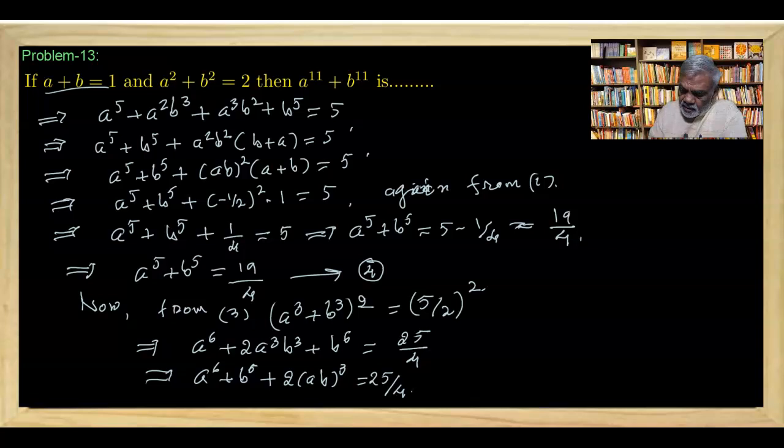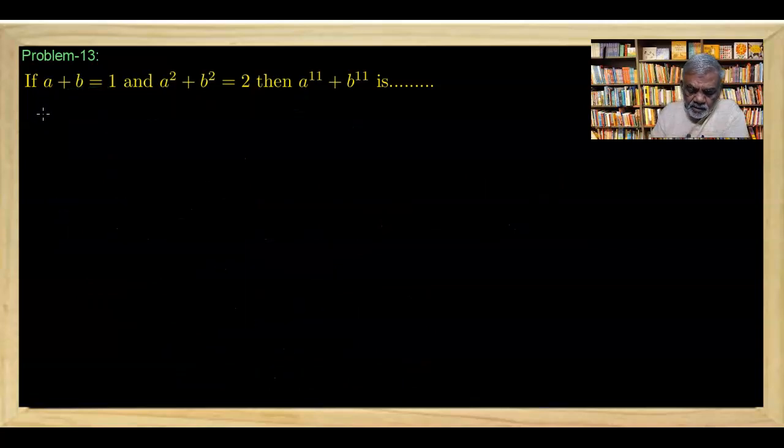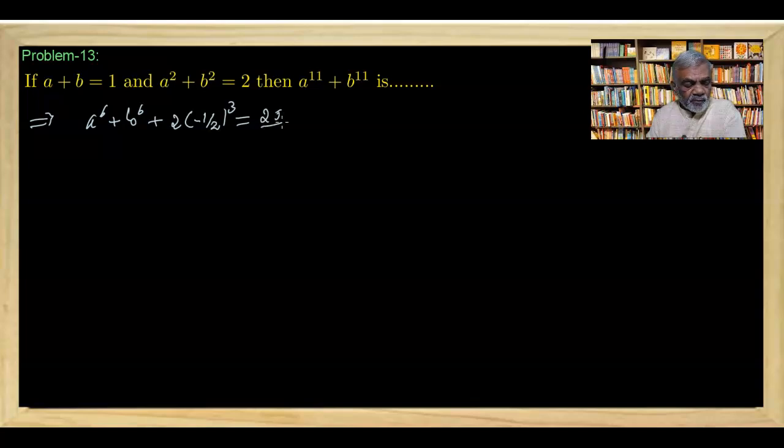And this implies a raised to 6 plus b raised to 6 plus 2 into (minus 1 by 2) raised to 3 is equal to 25 by 4. This is from 1, because ab equals minus 1 by 2.